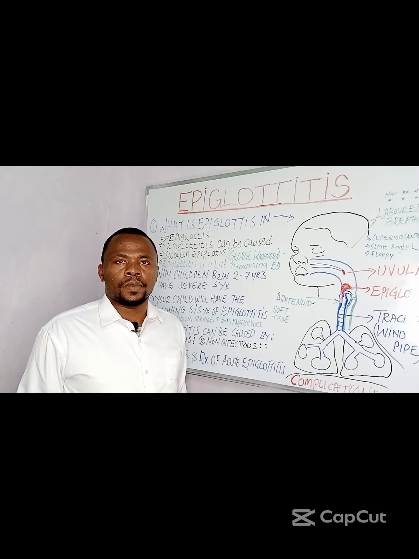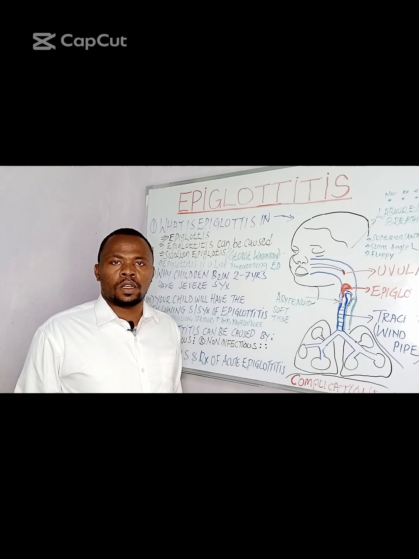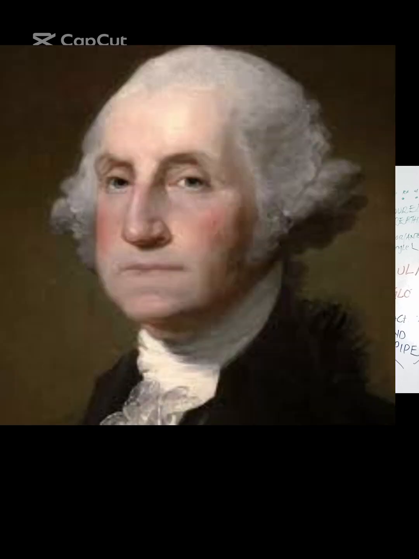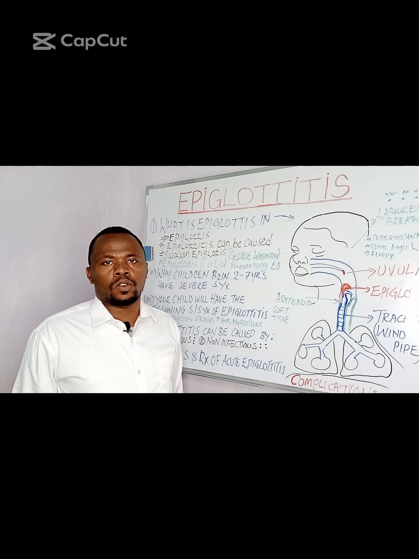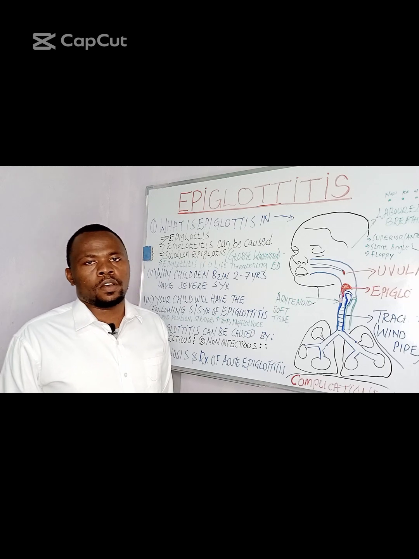Epiglottitis is a life-threatening emergency. Actually, epiglottitis is said to have killed the first president of the USA, George Washington. He woke up with a sore throat in the morning, and he died the same day in the evening.